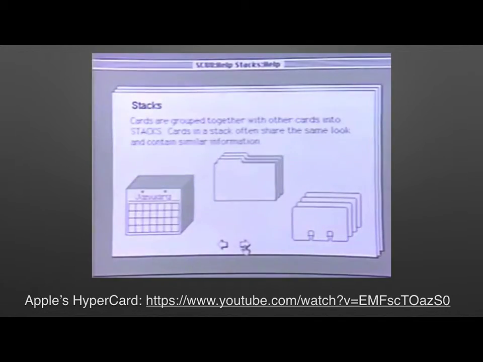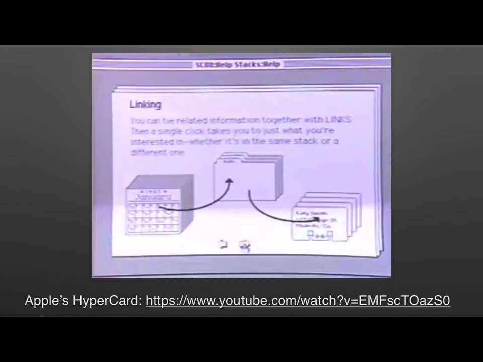The cards are grouped together into stacks that you put on a floppy disk and can share with somebody else. And you can organize it so that any card can jump to any other card. Is this where you get that notion of hypertext built into the HyperCard system? Yeah, it's the freedom to organize the information according to how things are associated with each other, not just according to the next card in the list. Right, okay.